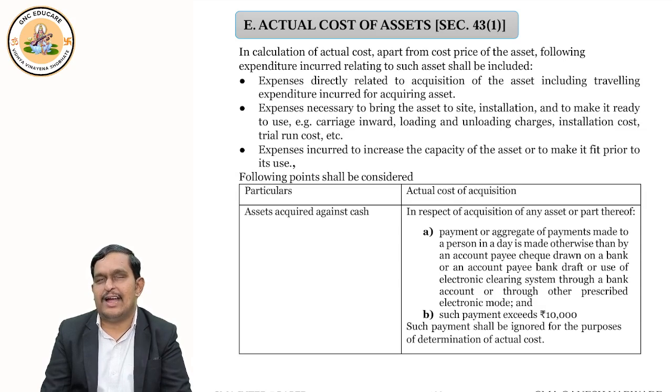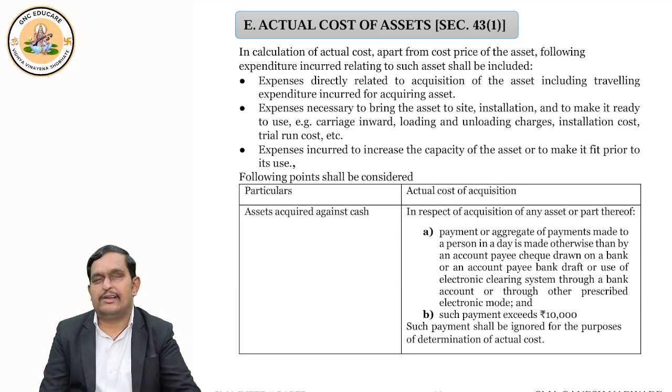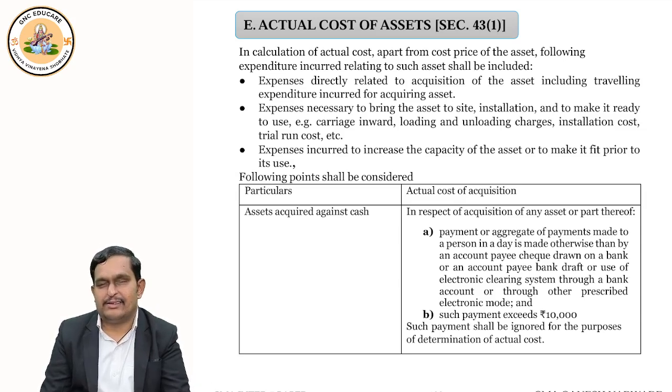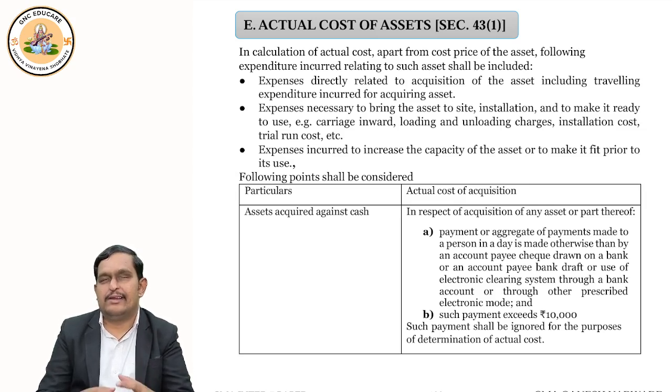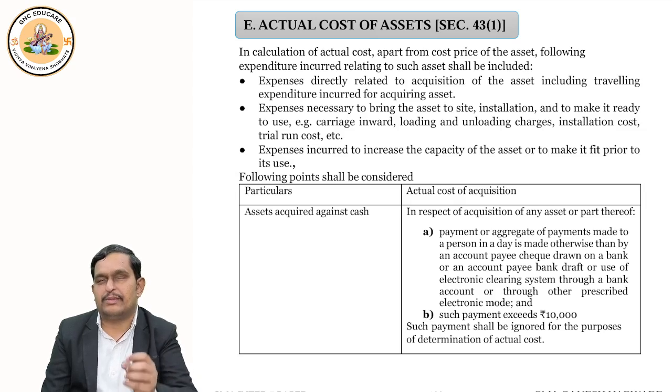And other than that, sometimes at the place itself where the plant is installed, we work to increase the capacity of the asset. If any expenditure is incurred to increase the capacity of that asset, that expenditure also forms part of the cost of the asset.